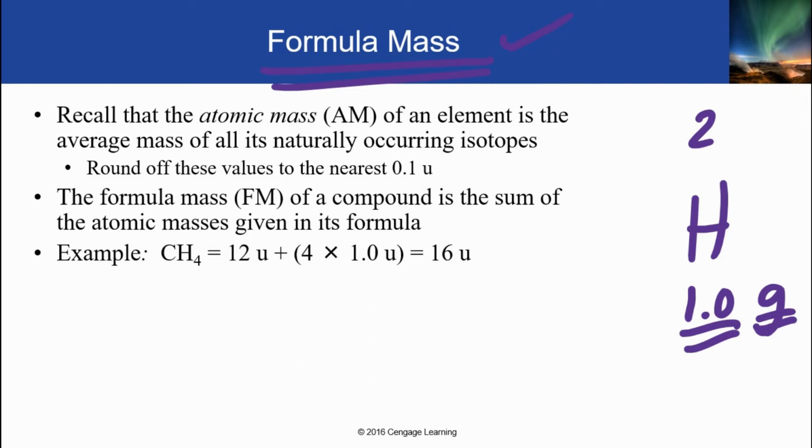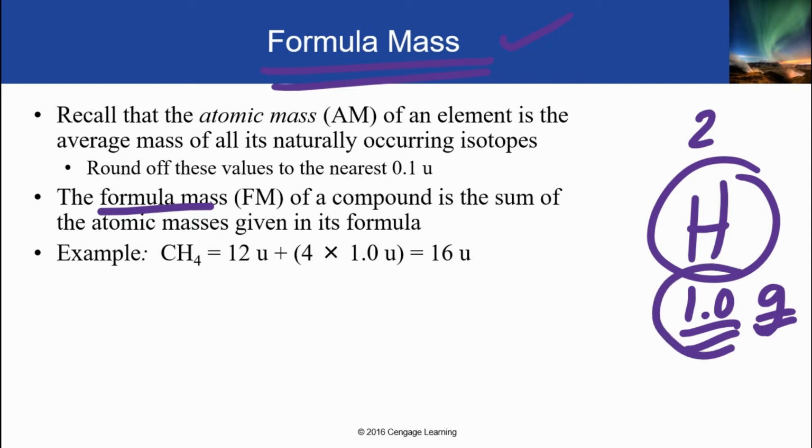Okay? So, formula mass of a compound or a molecule, so we're talking now of a molecule. Hindi na tayo basta isang klaseng atom or element lang. So, the formula mass is the mass of the compound, or the sum of the atomic masses given its formula. Ano yung formula mass?